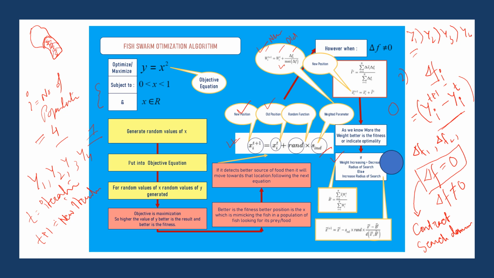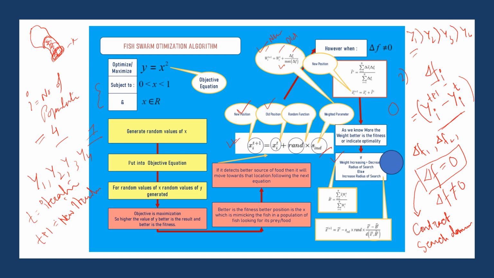We are concentrating on those most optimal values of x for which y is maximum, neglecting the semi-optimal solutions. So that is why, when del f is increasing or the weight is increasing, we decrease the search domain. Now, if weight is increasing, then we decrease the search domain.